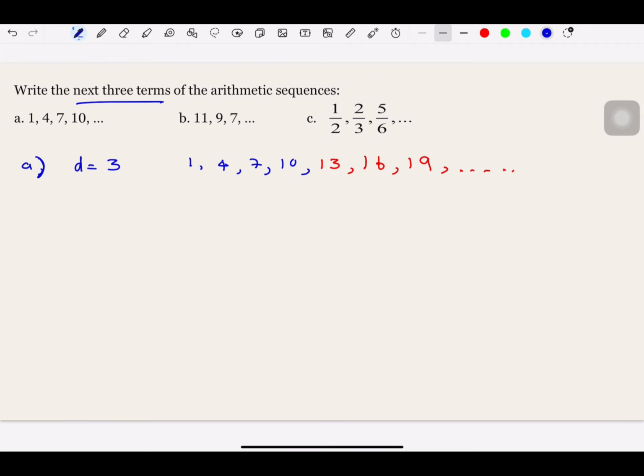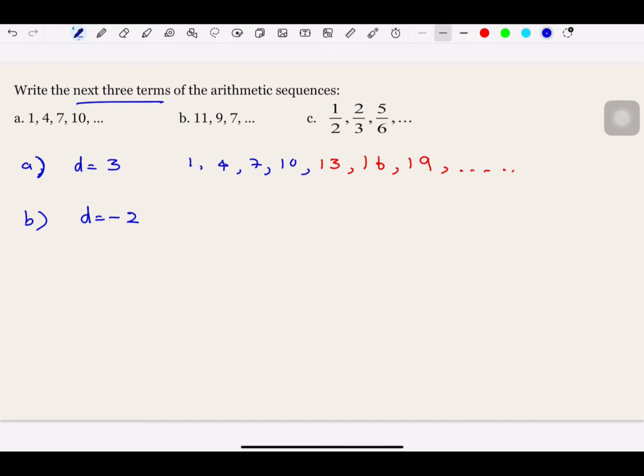Moving on to the second example. Here we have 11, 9, 7. You have to get the common difference. The common difference between the terms seems to be negative 2, because if you add negative 2 to 11, you get 9, and if you add negative 2 to 9, you get 7. So the common difference is negative 2.